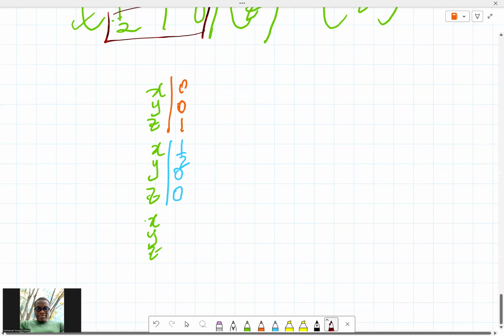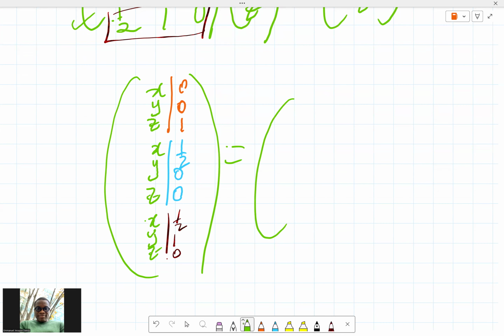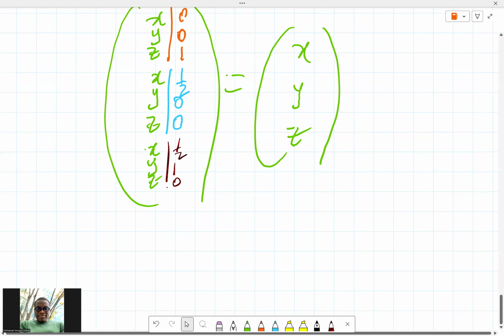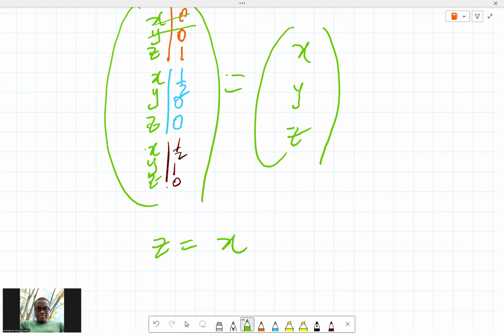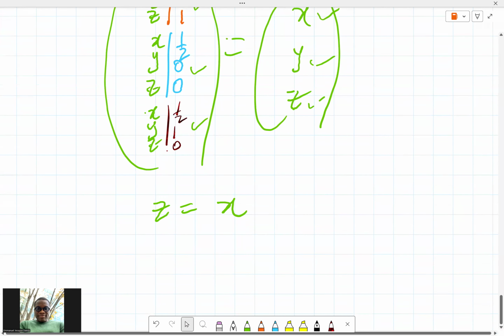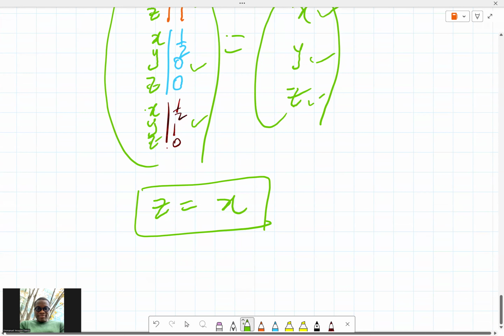So all of this now is equal to x, y, z, like we have on the right-hand side. If we tidy all of this up, x times 0 is 0, so this is gone, this is gone. So we just have z, and z is equal to x. So that is x: z equals x. So that's established.